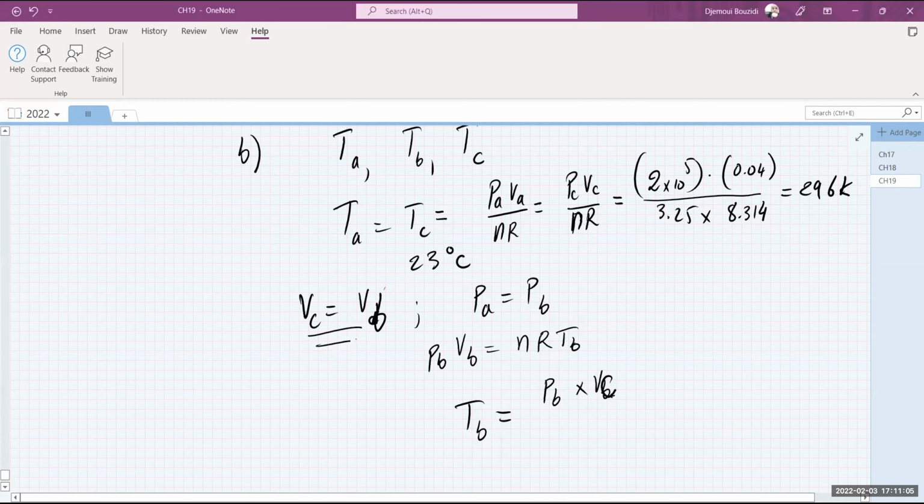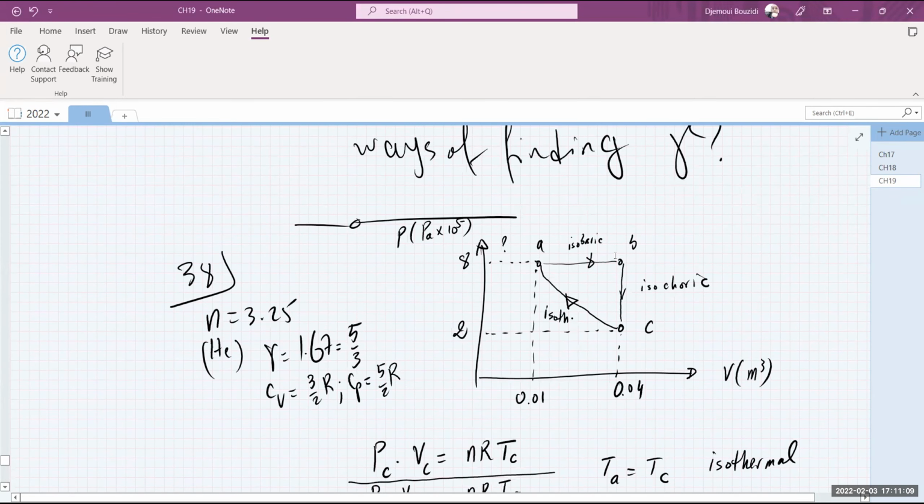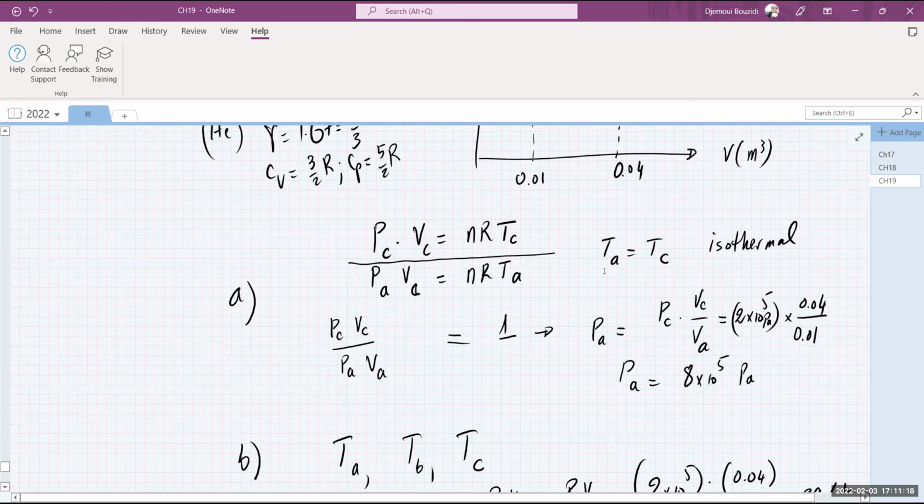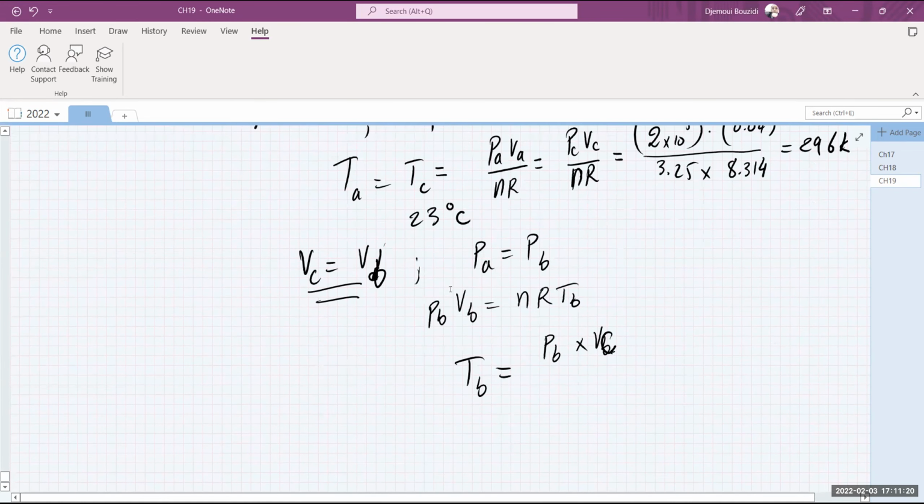Yes, we can. VC is VB from the graph. VC and VB are the same. And PB and PA are the same. Okay. So the pressure in point B is the same pressure as at point A, and the volume in point B is the same volume as point C. So if I use this expression PBVB equal to nRTB, from here I'm going to find what this temperature is.